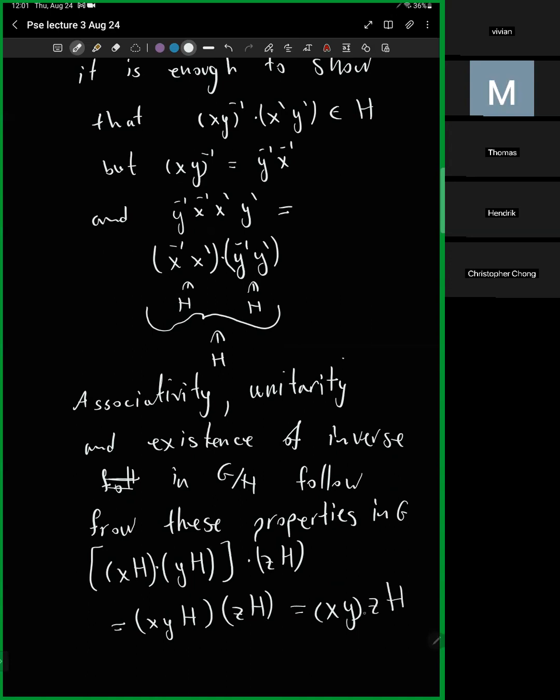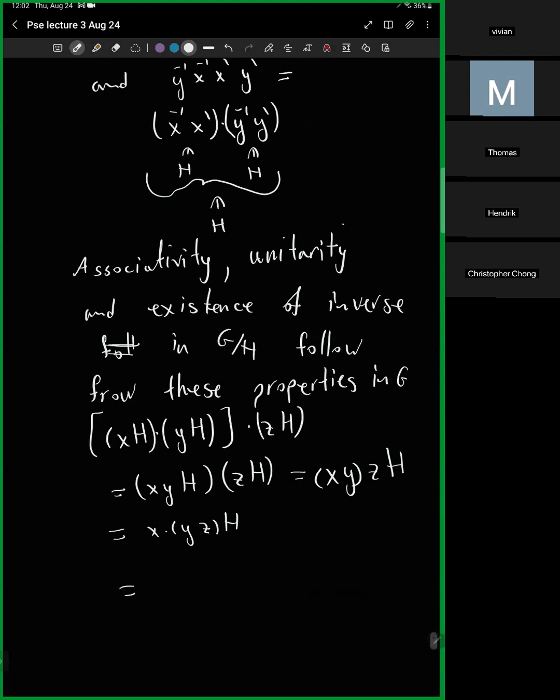But since the binary operation on the elements x, y, and z is associative, it is also equal to x times yz h. And if you open it from the other direction, this is simply xh multiplied by yh zh. So you get associativity of multiplication of cosets.